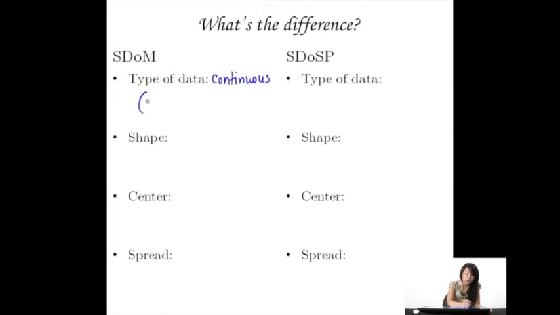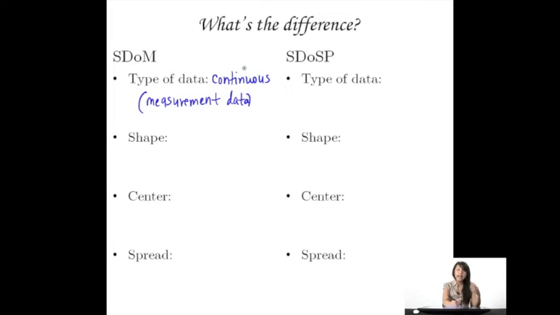Sometimes these are also called measurement data, because you actually got this by measuring something. So when you have continuous data, for instance, how many miles do you drive per day, right? Getting a sample of the average number of miles people in California drive each day would be a continuous measure.